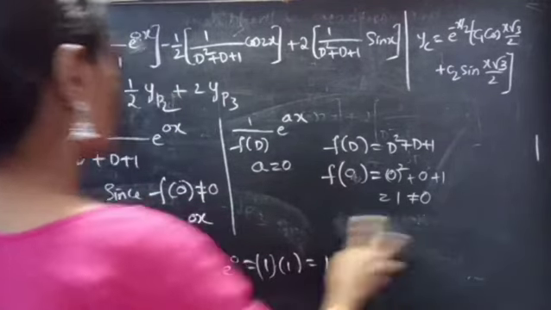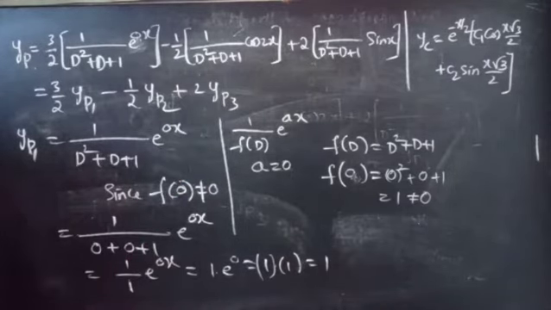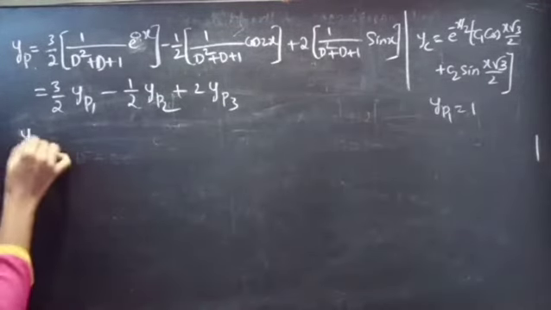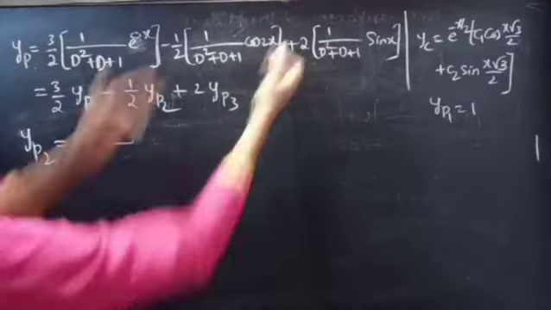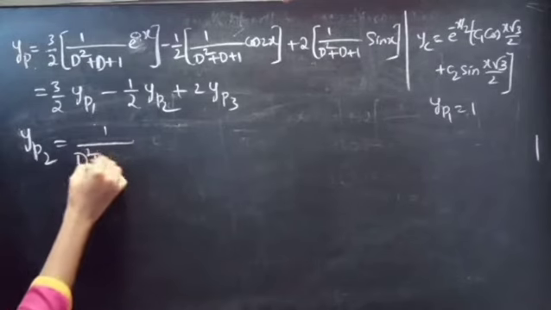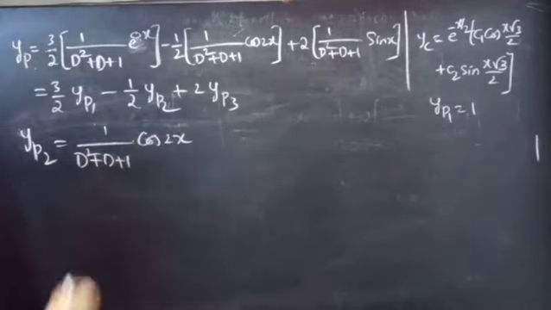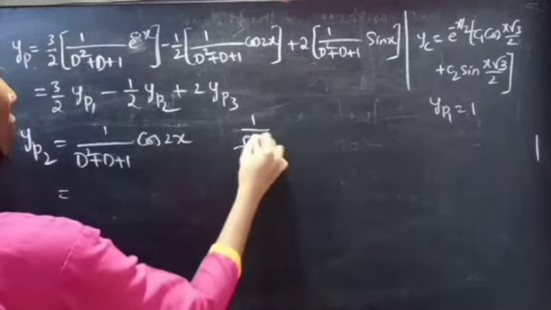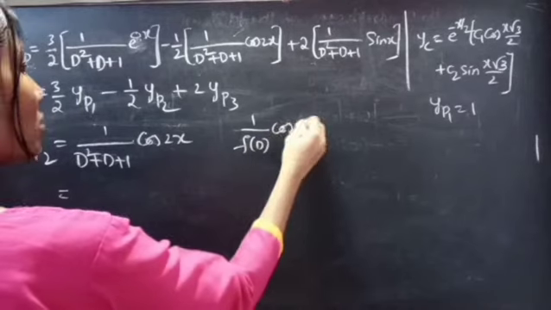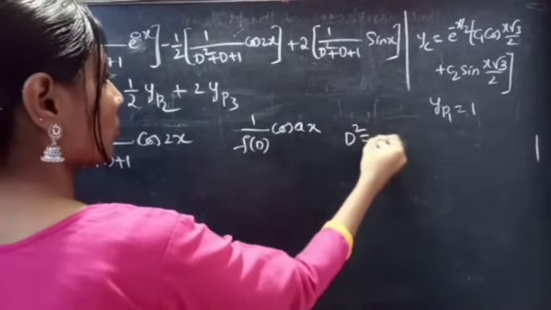Fine. Now, let's find yp2. yp2 equals 1 by f of D into cos 2x. D square plus D plus 1 into cos 2x is of 1 by f of D into cos ax form, right? Then for a equals 2, we'll find D square, which is given by minus a square.